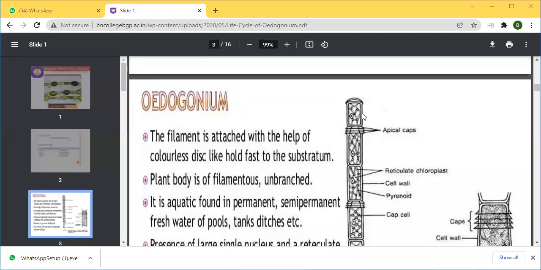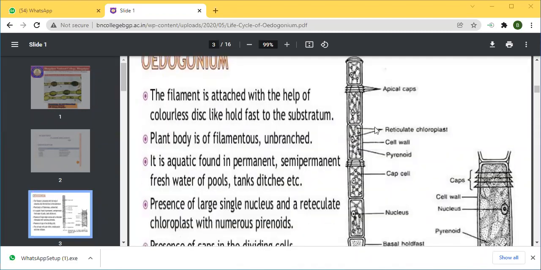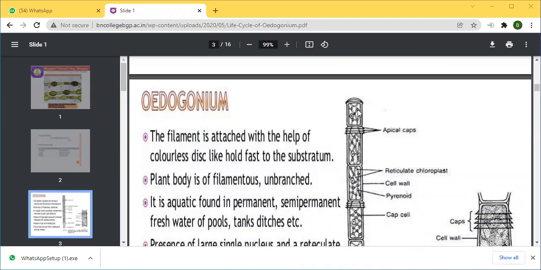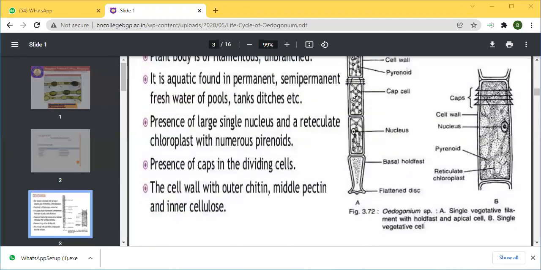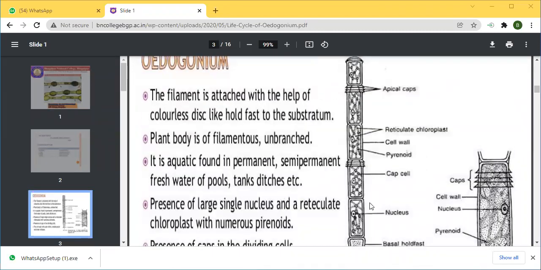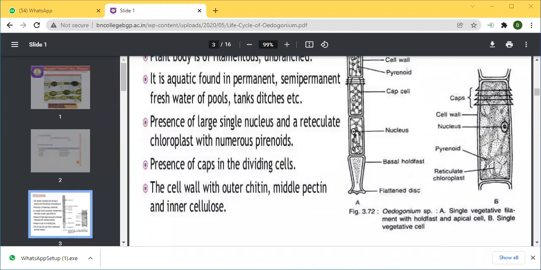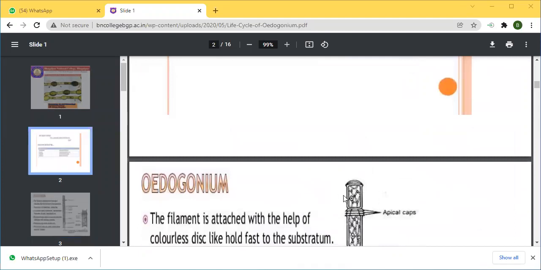But this filamentous plant body is attached with the help of a colorless disc-like holdfast to the substratum. This total plant body is called filamentous. In this filamentous body, multicellular structure is there. But you can observe in this multicellular structure two special cells. One is the bottom cell, another one the apical cell.